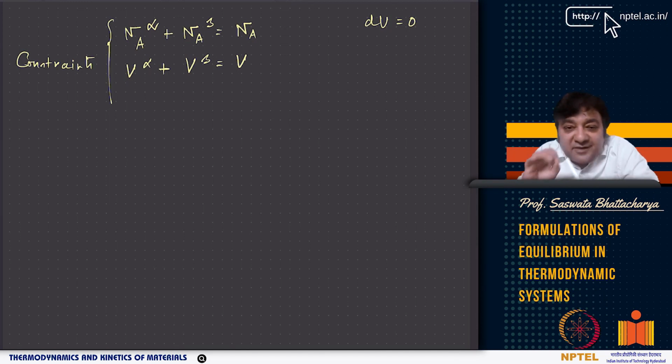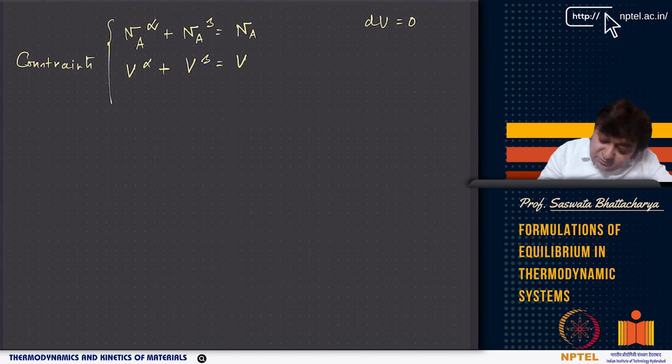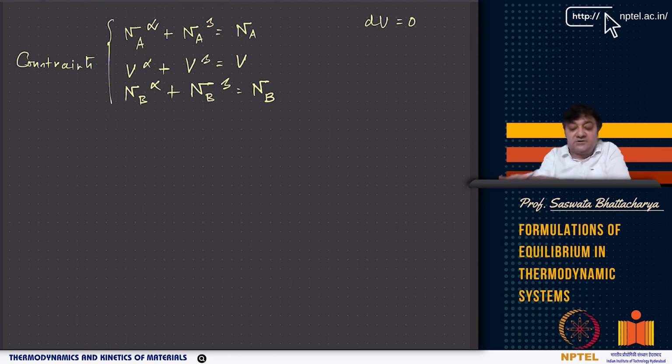The amount of Na that you have put has now distributed into Na alpha for the alpha subsystem and Na beta for the beta subsystem, but total Na cannot change, total V cannot change. Similarly, total Nb also cannot change.